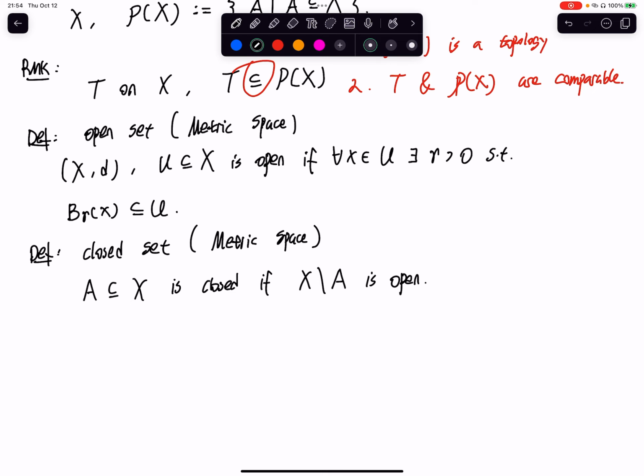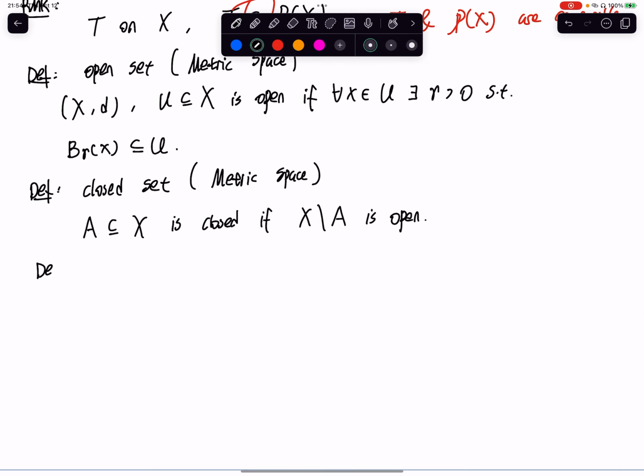Before we introduce that, let us recall the last terminology, called neighborhood.